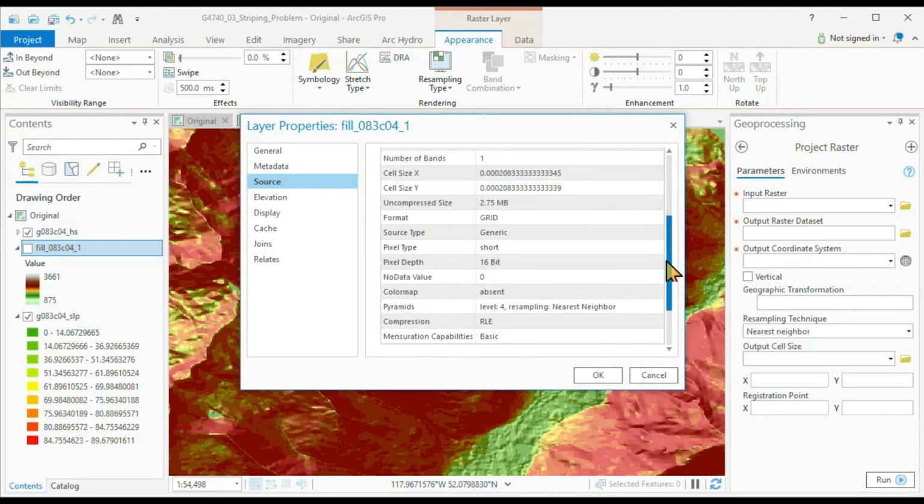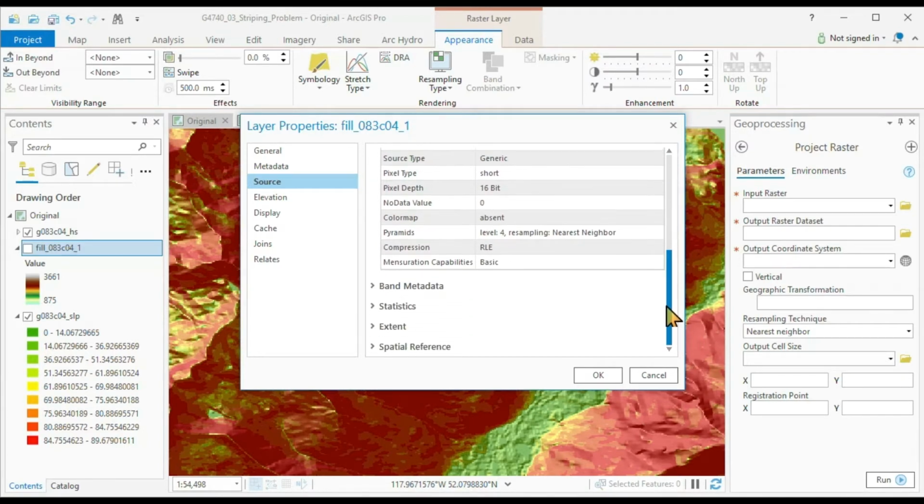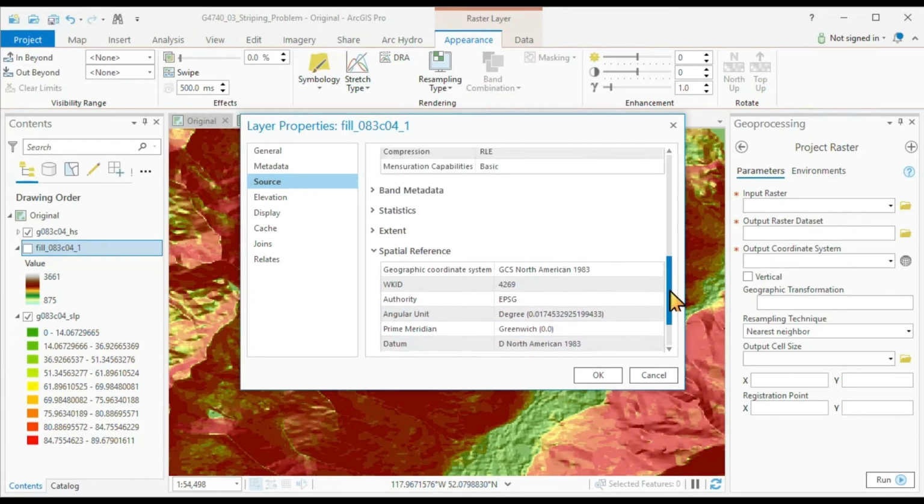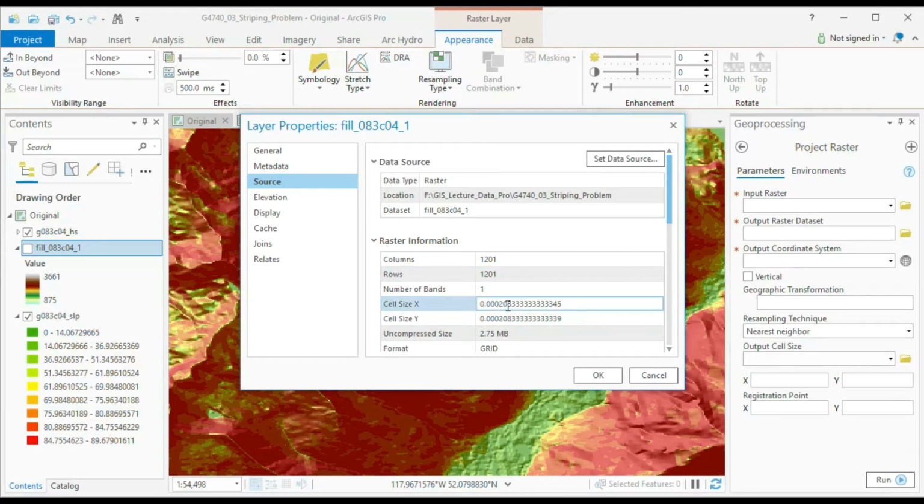It is a very small value because our spatial reference is in lat-long and the units are in degrees. So what we have here is a cell size which units are expressed in degrees: 0.0002, so that is 2/10,000ths of a degree. That is probably around 25 meters on the ground.